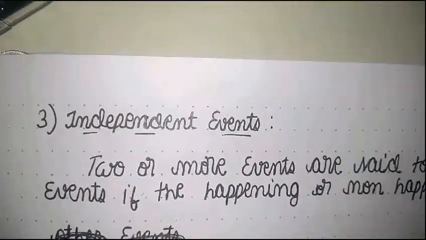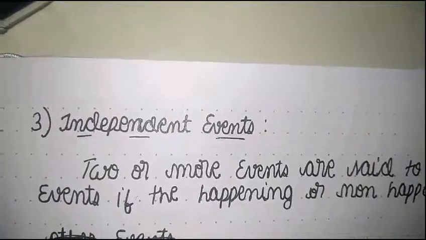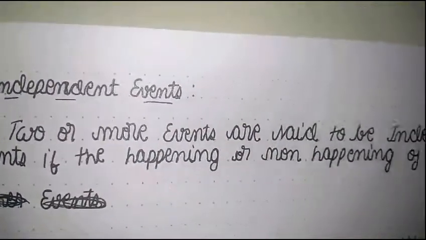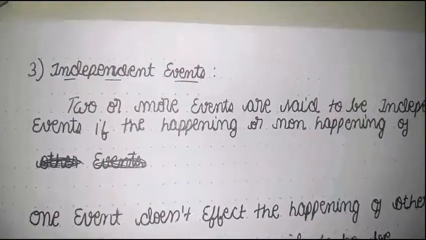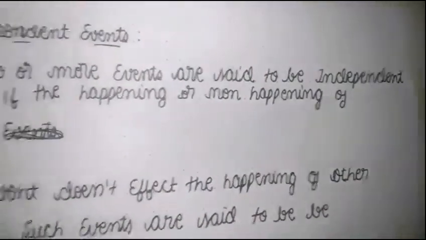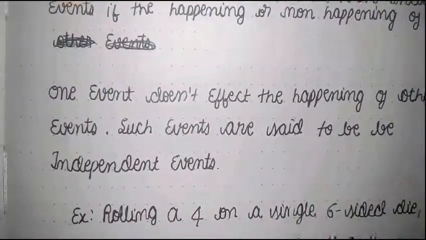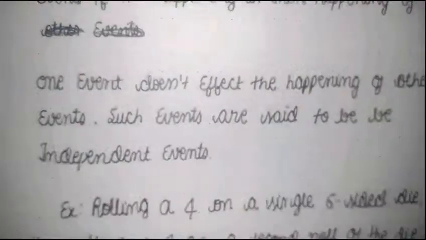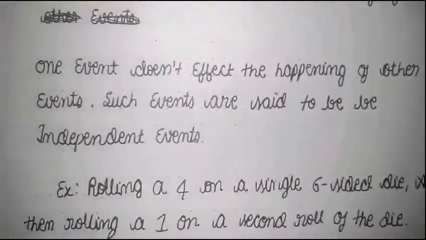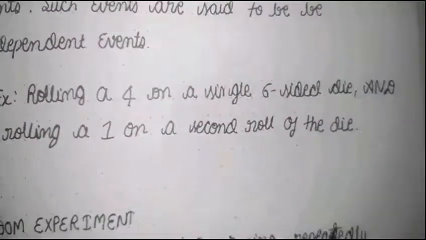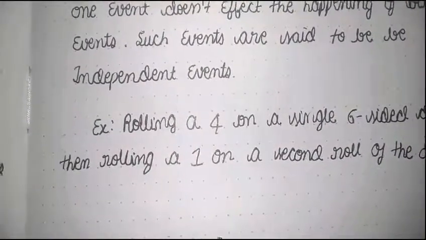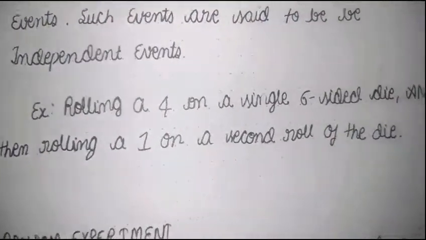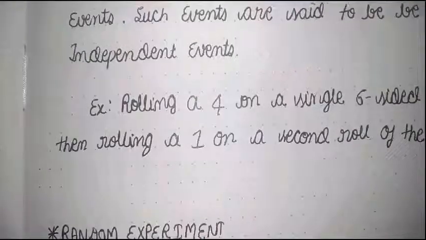Next, we are going to learn the term known as independent events. Two or more events are said to be independent events if the happening or non-happening of one event does not affect the happening of the other events. Example, friends, rolling a 4 on a single six-sided die and then rolling a single die on a second roll.